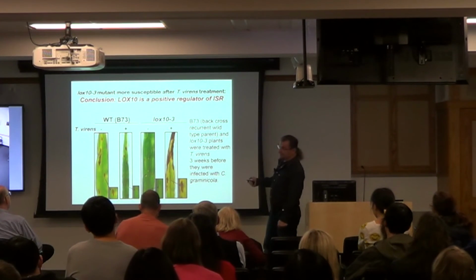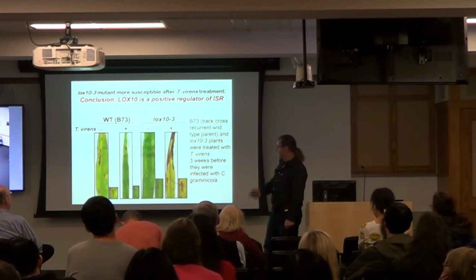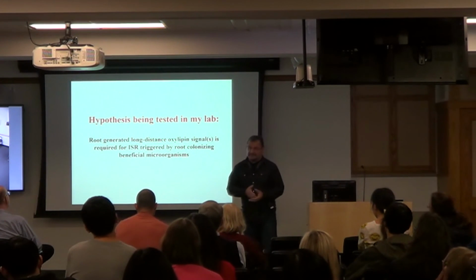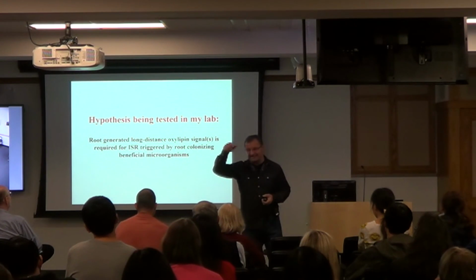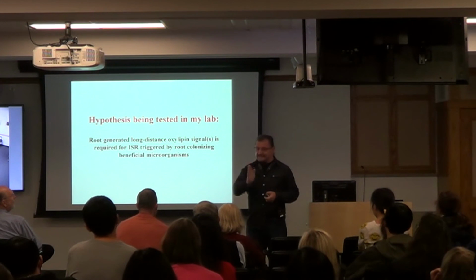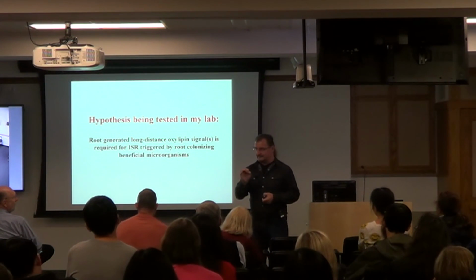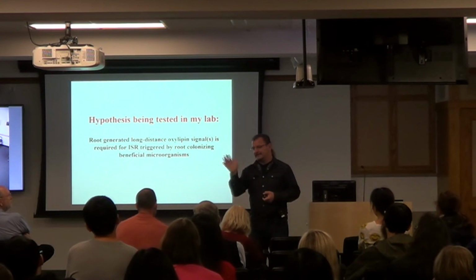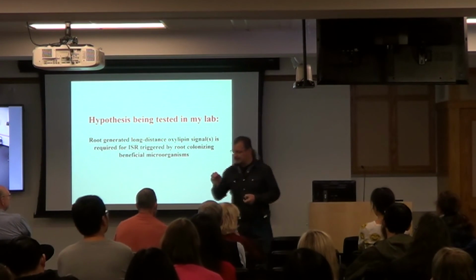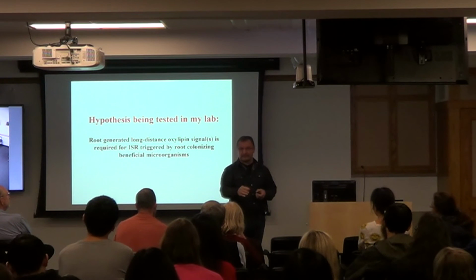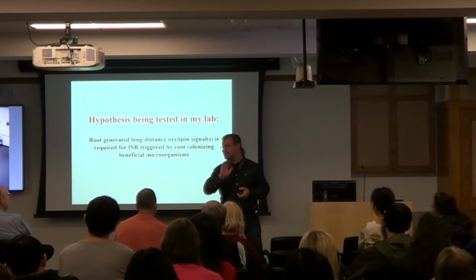However, they are a lot more susceptible when Trichoderma is around. So that suggests that LOX10 is relevant to it. And we tested other mutants in that list, and we found exactly the same phenotype for the LOX12 mutation. So LOX12 mutants normally show no change in resistance levels, but when the plant is colonized by Trichoderma, they become a lot more susceptible.